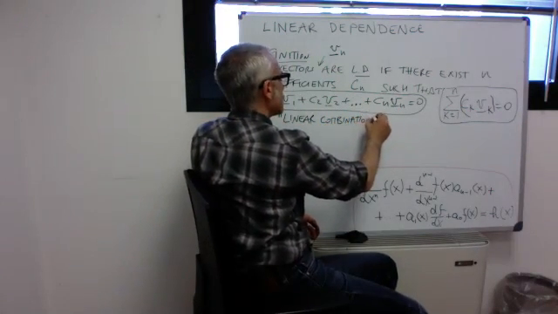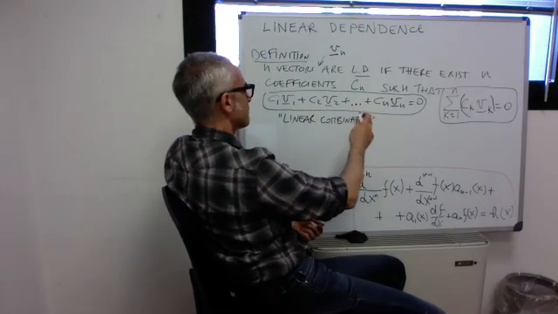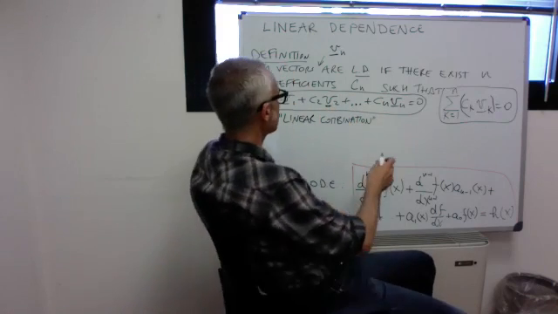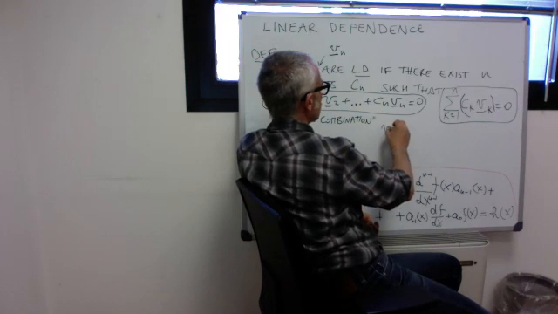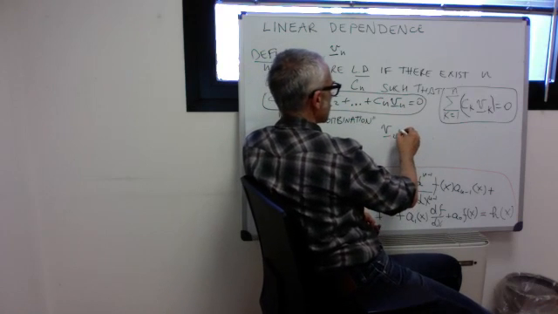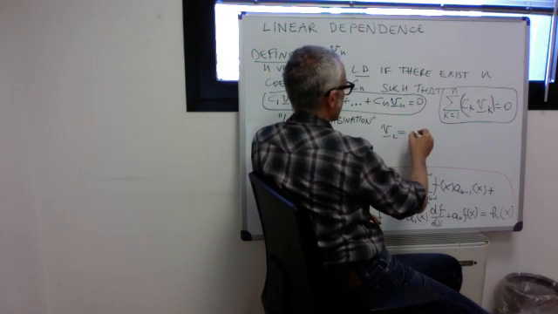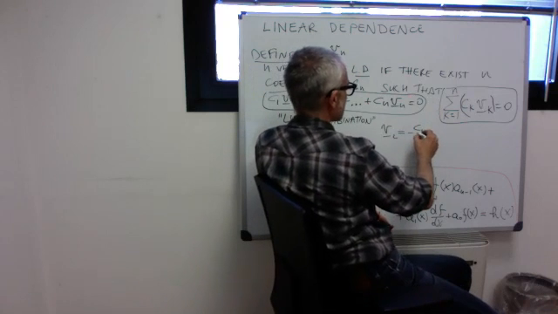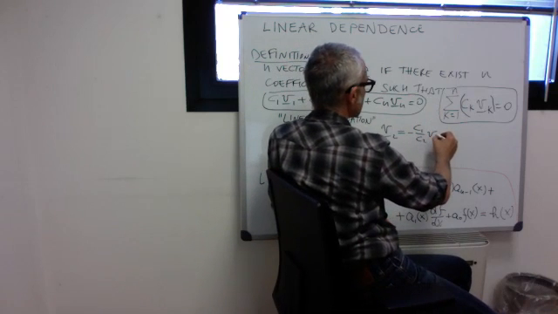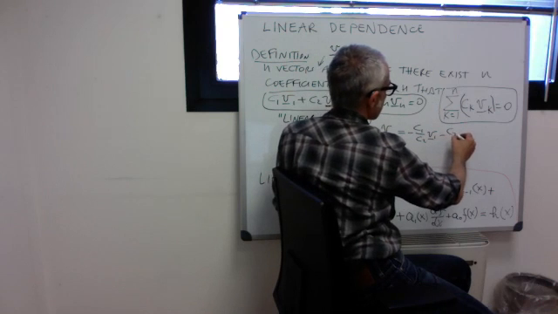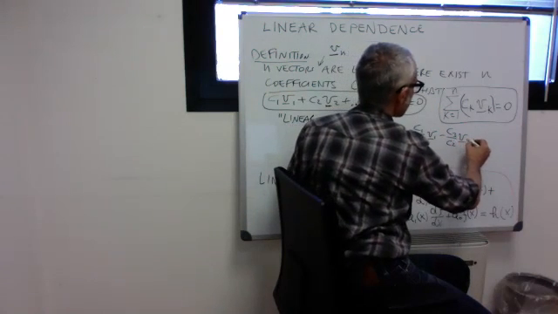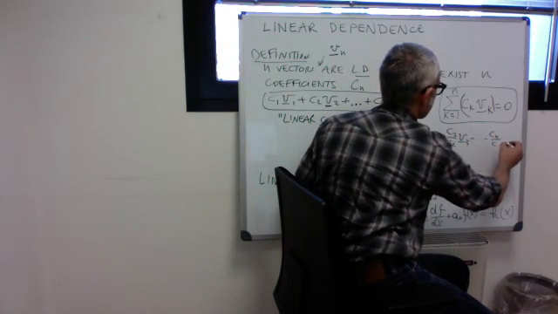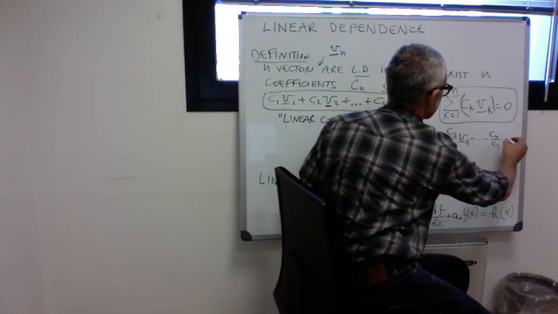So if these vectors are linearly dependent, it means, for example, that V2, or any of these vectors, so let's just take V2, can be written as, I just bring everything to the right-hand side, minus C1 over C2 V1, minus C3 over C2 V3, minus blah, blah, blah, all the way to minus Cn over C2 Vn.